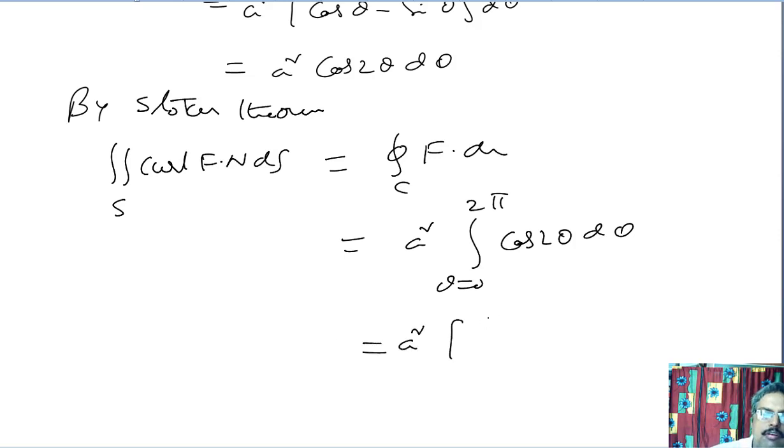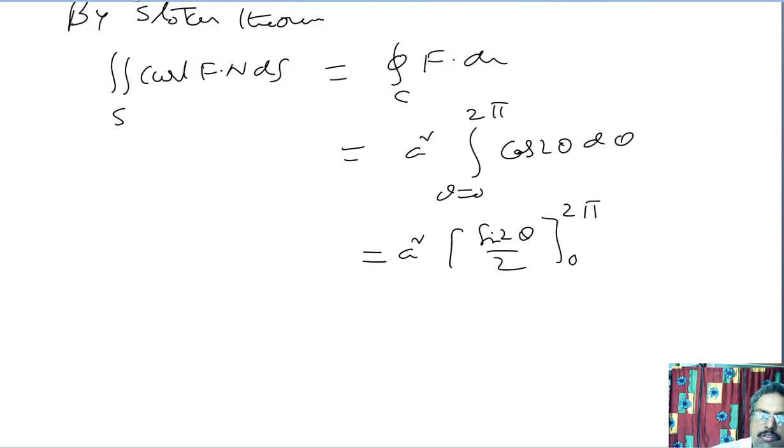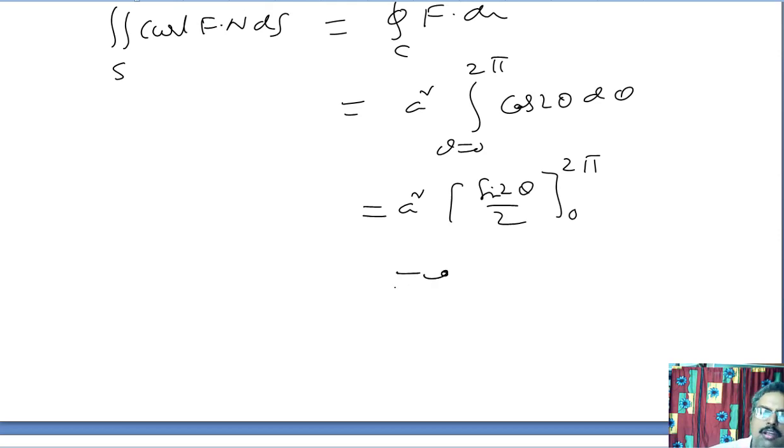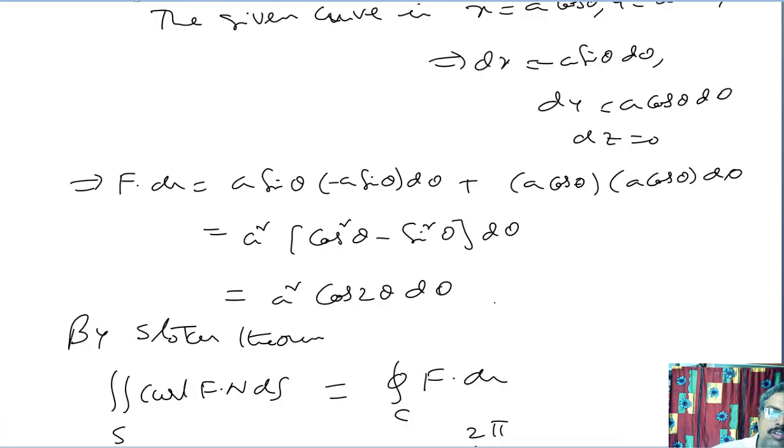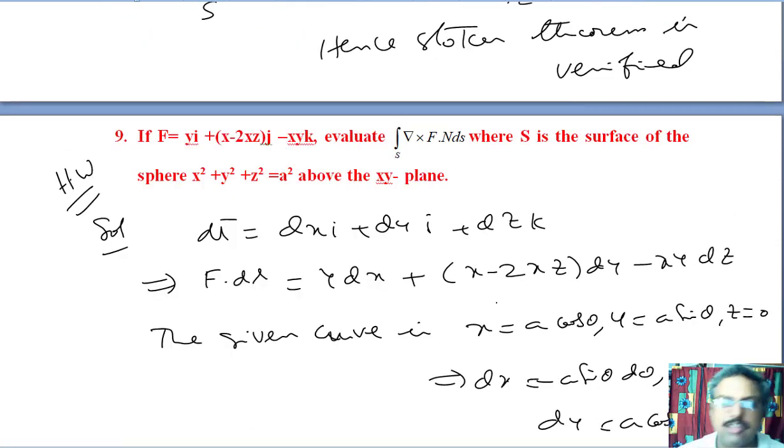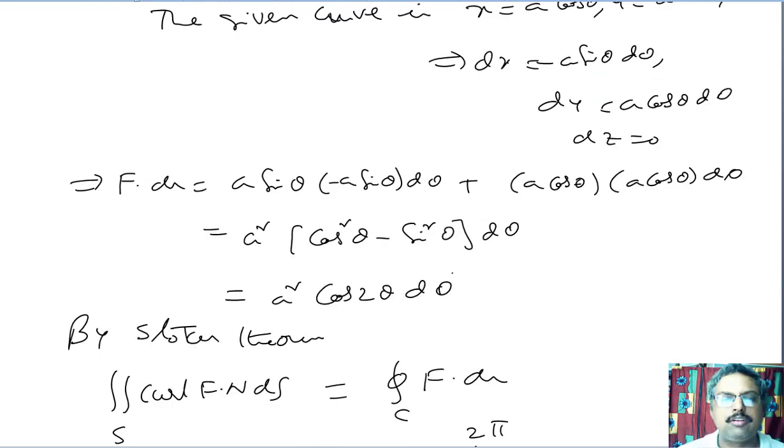The integration of cos 2 theta is sin 2 theta by 2, from 0 to 2 pi, again 0. The integral value is 0. Verification is homework, but in this problem, no need to verify.